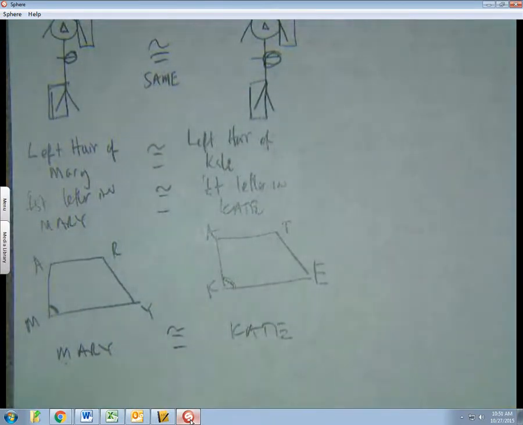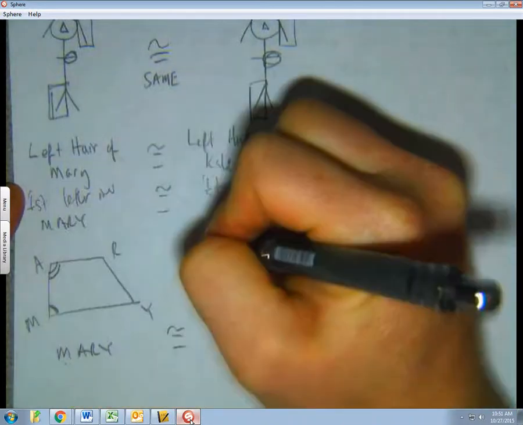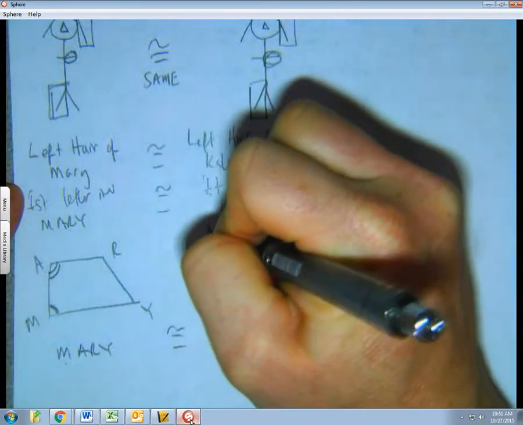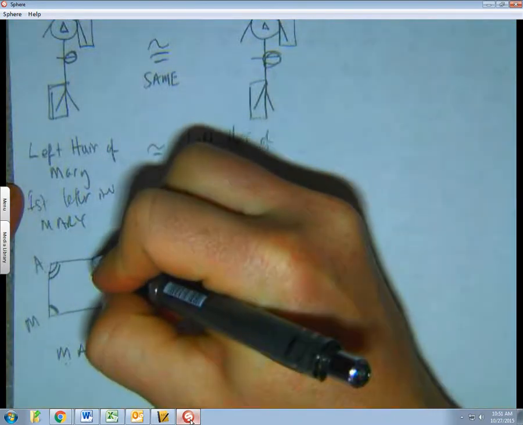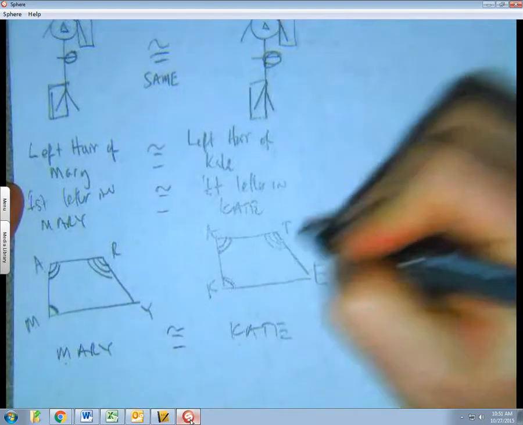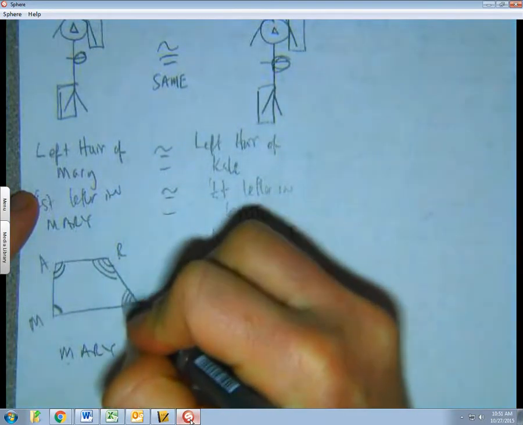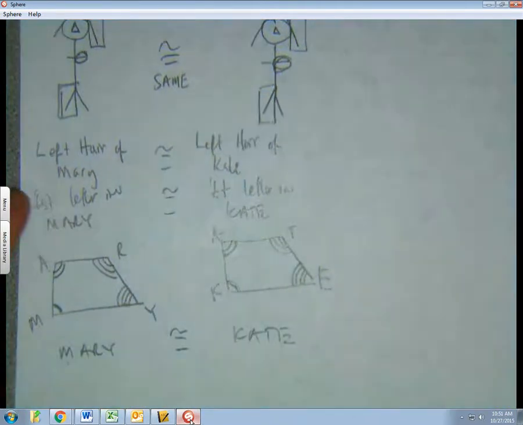So then I'd also say angle A, two arcs, is the same as A. I would say R is the same as T. And I would say Y is the same as E.